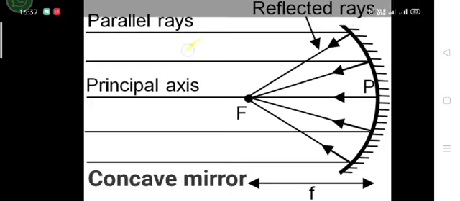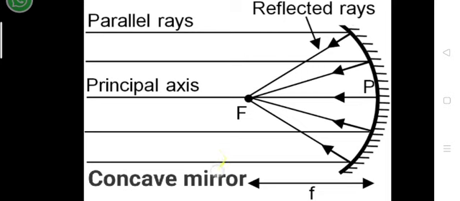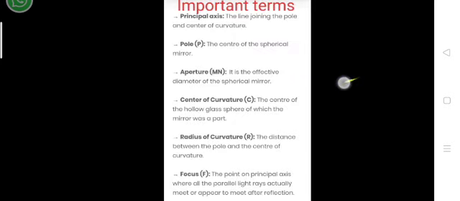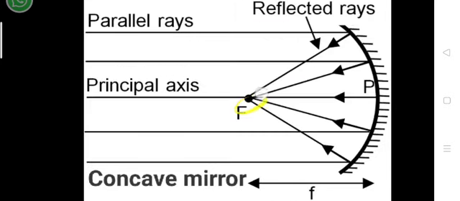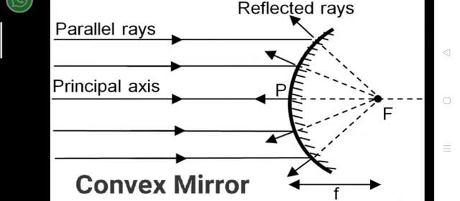In the concave mirror, these are all parallel rays, and after reflection they actually meet at that point. So this point is known as the focus. In the case of a convex mirror, the rays only appear to meet. They do not actually meet, but they appear to meet at that point. So this point is known as the focus of the mirror.